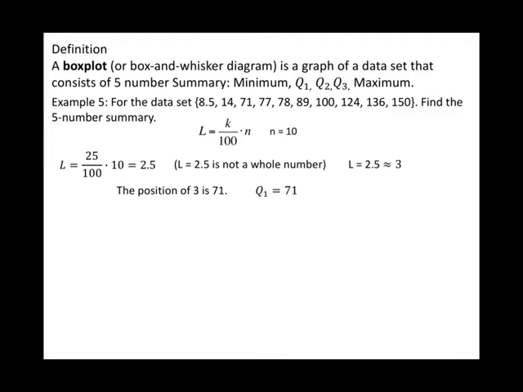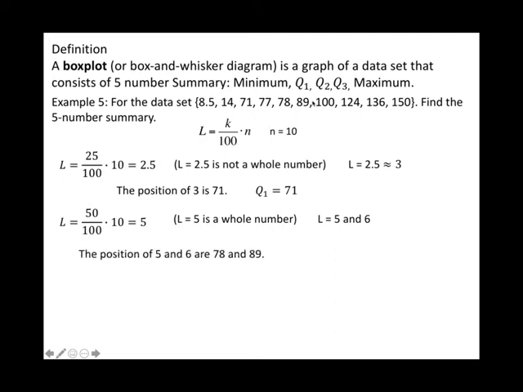Q2 equals P50, right? So K equals 50, and then you're going to get 5. And 5 is a whole number, so we want to look for the position 5 and 6. Okay, always plus 1, 5 and 6. So look at the data, 1, 2, 3, 4, 5, 6. It's going to be 78 and 89. Now, find the average of these two numbers. Add them up, divided by 2. You should get 83.5.